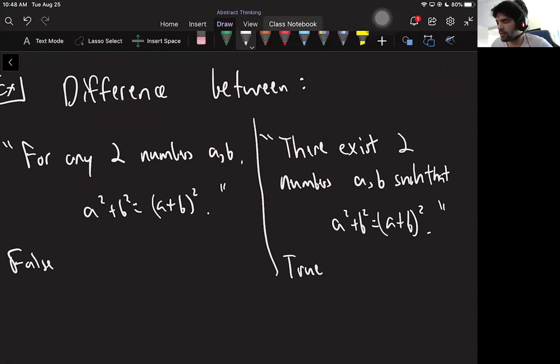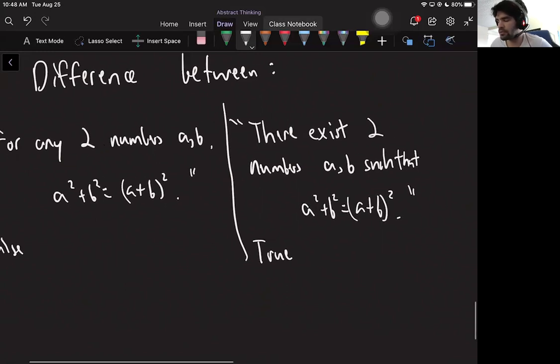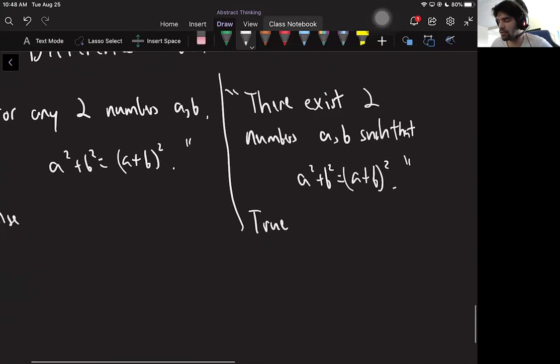It still involves the same equation, but instead of claiming that it always works, it's just claiming that it works once, that there happens to be a pair of numbers where it works. And because the claim is just that it works once, we can actually show it or see it by giving an example.